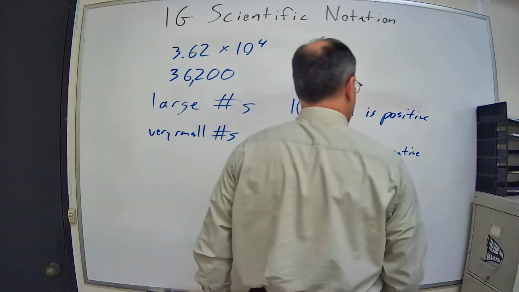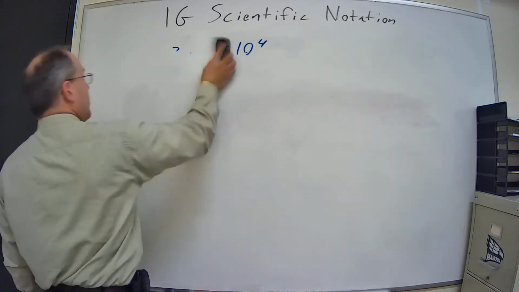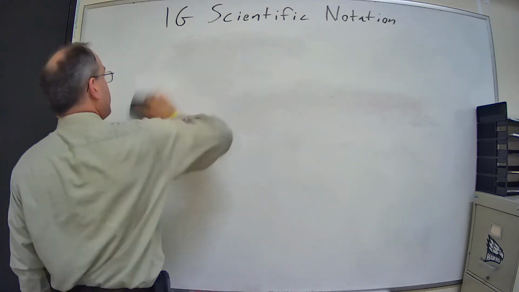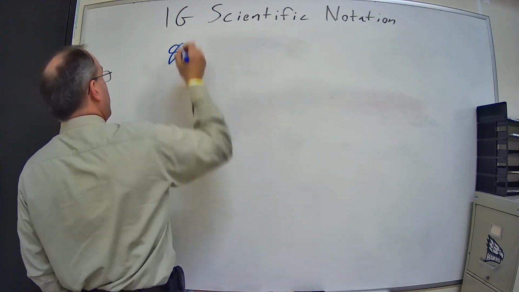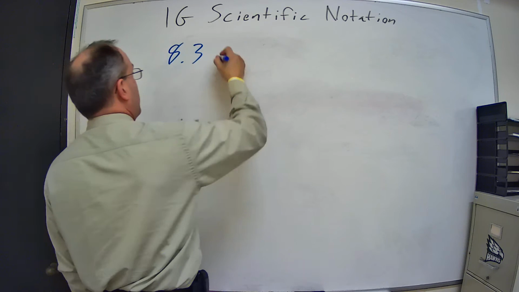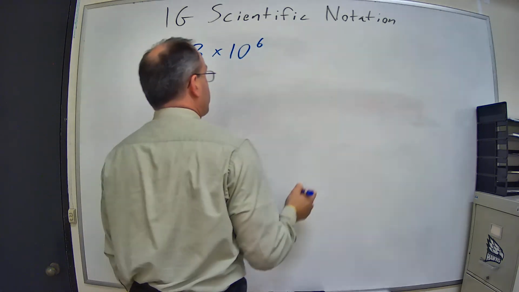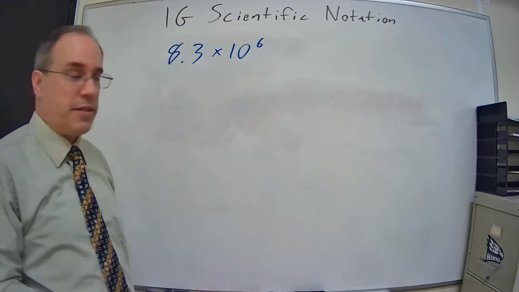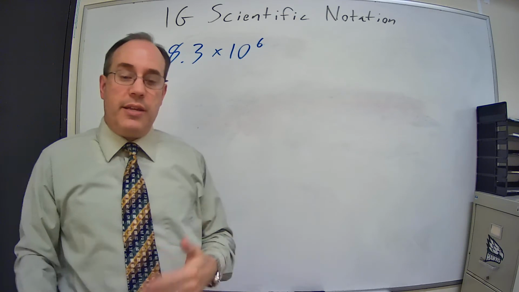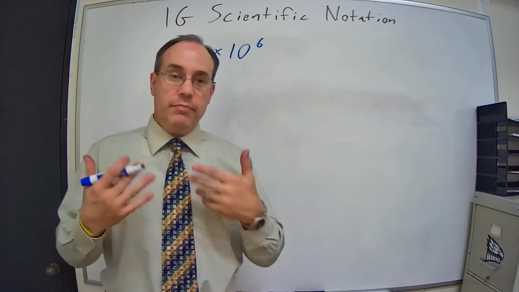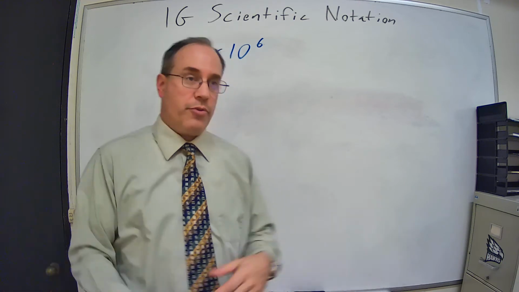So let's look at a few examples of these. 8.3 times 10 to the 6. This is in scientific notation. Let's put it in standard notation. Remember, standard notation is just when we put things into numbers.